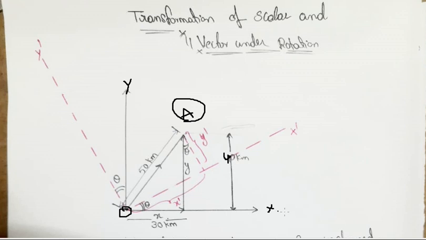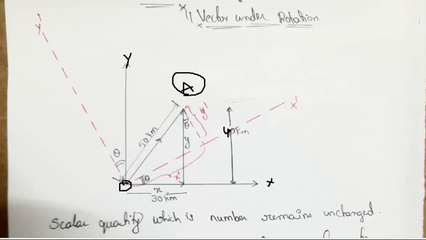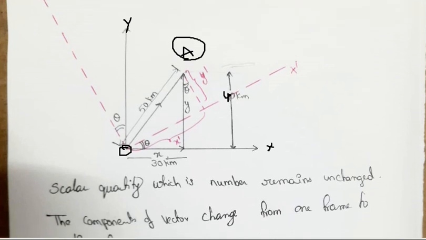We need to calculate this difference: in which frame, at what angle he assumed he would be moving. To identify that, we are going to derive some equations.